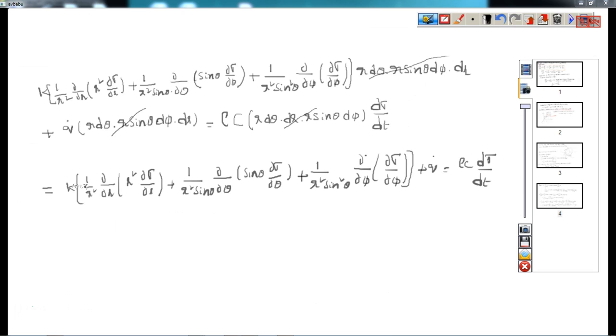If I divide the entire equation by k, the k cancels here and k will come here.